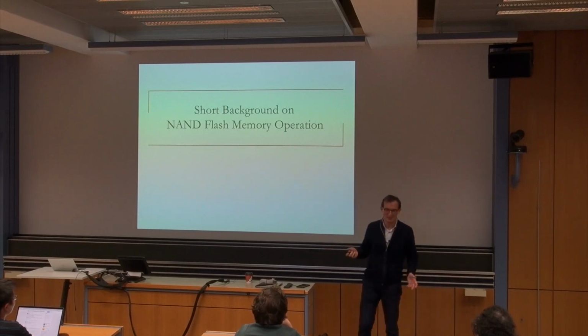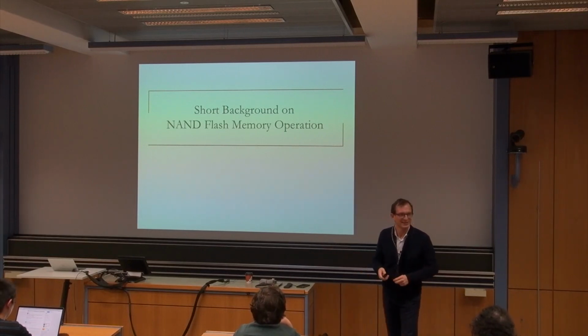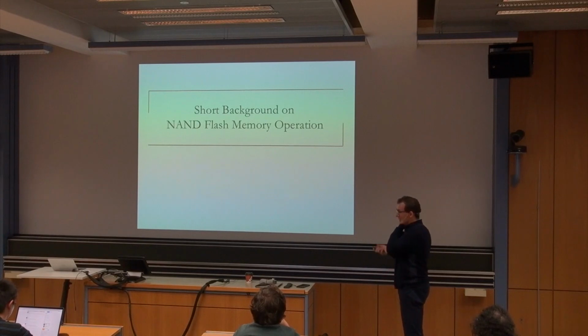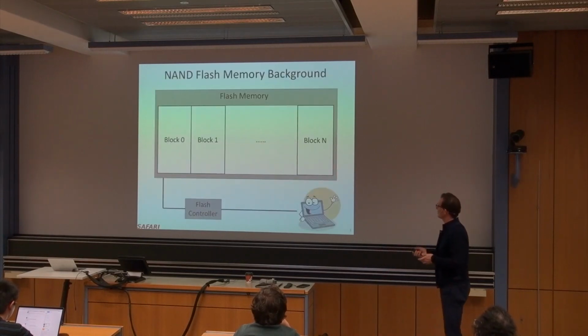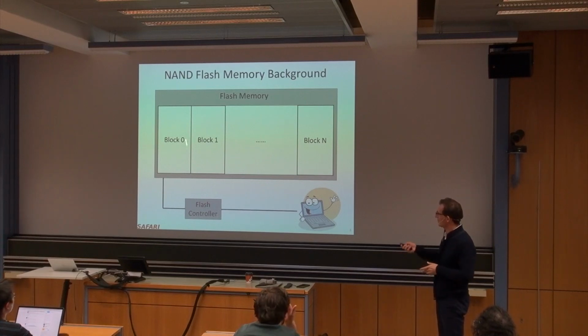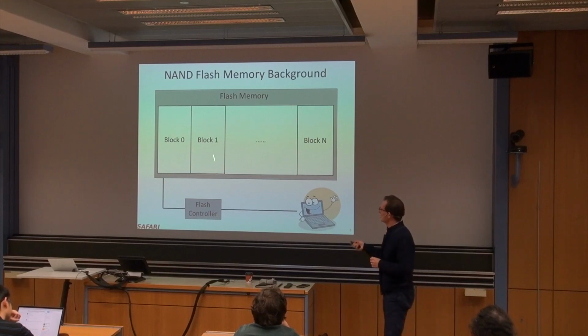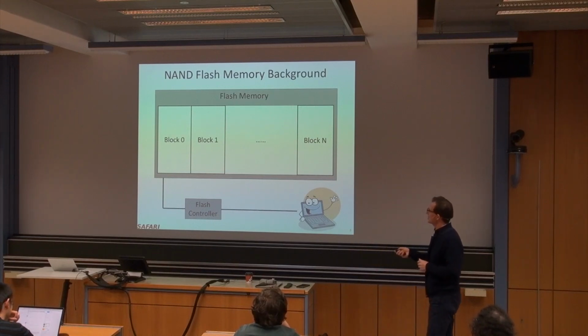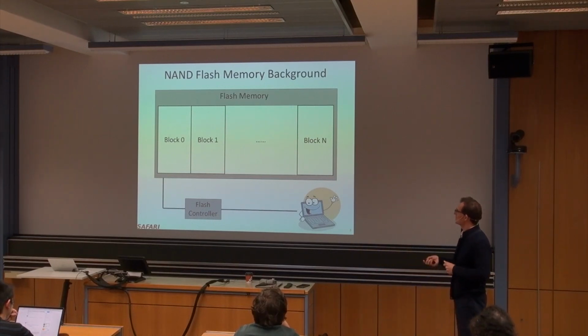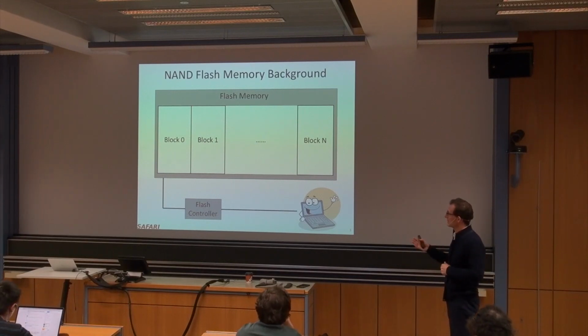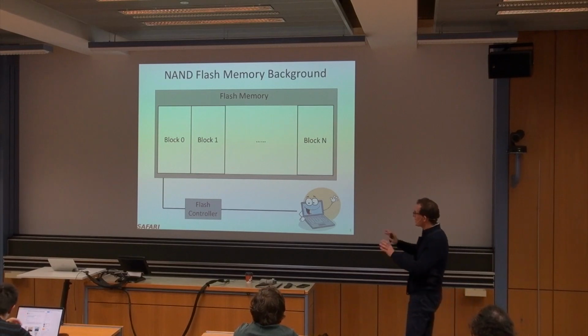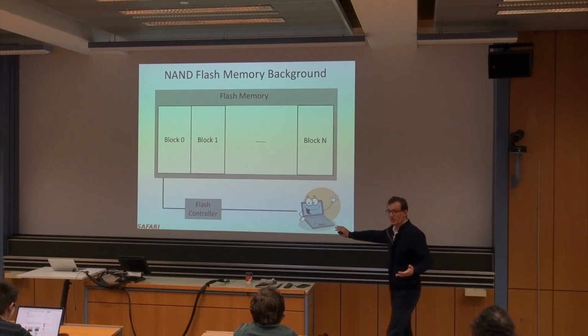I mean, like any memory technology, there's no magic in this also. And this is charge-based memory. So basically, I'll give you the high level first. If you look at NAND flash memory, it's actually very much block-based. Internally, it'll look like DRAM at some point, but the memory array is divided into blocks, and whenever you need to do a write, basically if you want to write something, you initially erase an entire block.